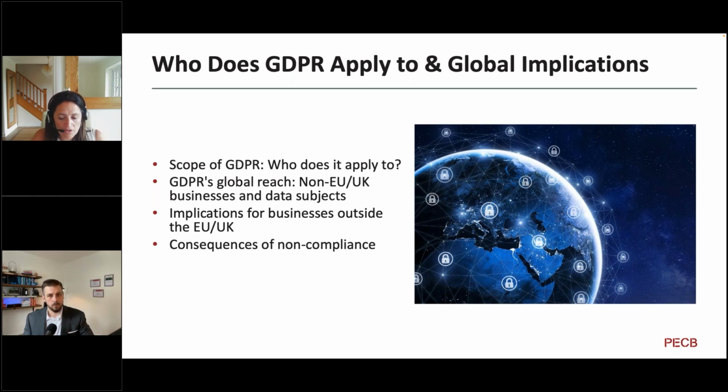The scope of the GDPR goes beyond the UK and the EU, and it's really around making sure that as a business, you've got robust data collection processes, that you're able to transfer data, making sure that you're transferring data to countries that do have an adequacy decision, so you're able to freely transfer data to other countries. You do need to appoint a representative within the EU if you are processing EU citizen data or you are operating within the EU, and you need to make sure that your policies and your procedures reflect that.